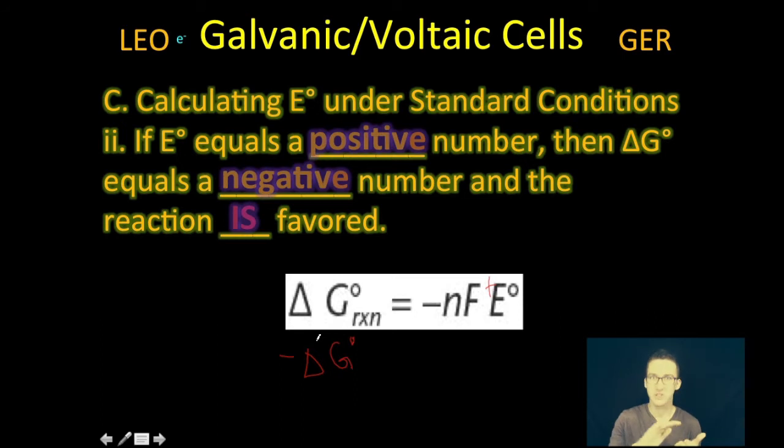And when you're spending those dollar bills, what's going to happen to your account balance? It's going to go negative. That's how I think about spending money. Your balance is going to go down, but you've got to spend that money in order to make things happen. And so a negative delta G indicates a thermodynamically favored reaction, something that is spontaneous, that will happen on its own.